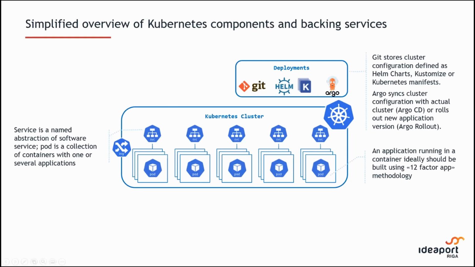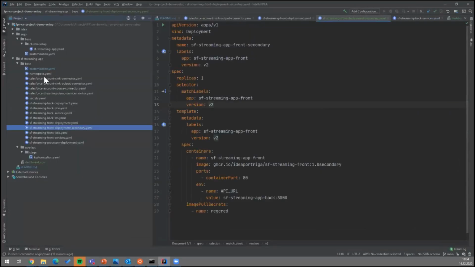Let us, for example, deploy something new to our Kubernetes cluster with the help of this GitOps approach. So how does it work? We have some Git repository. Here it is. It looks like this, just a bunch of YAML files, and inside these files we are putting the configurations for our Kubernetes cluster.